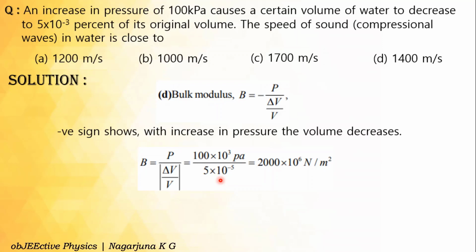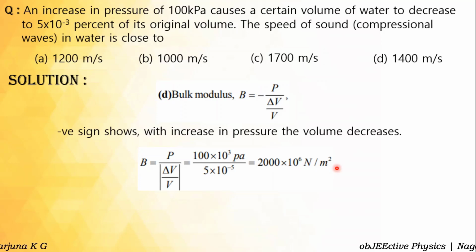Percent is nothing but 5 into 10 power minus 3 divided by 100, or totally we can write it as 5 into 10 power minus 5, that is equal to 2000 into 10 power 6 Newton per meter square. This is the bulk modulus.